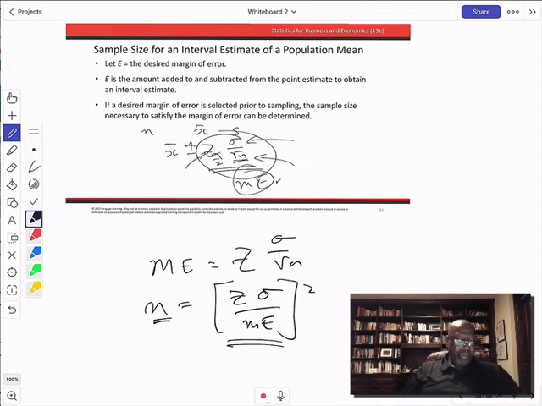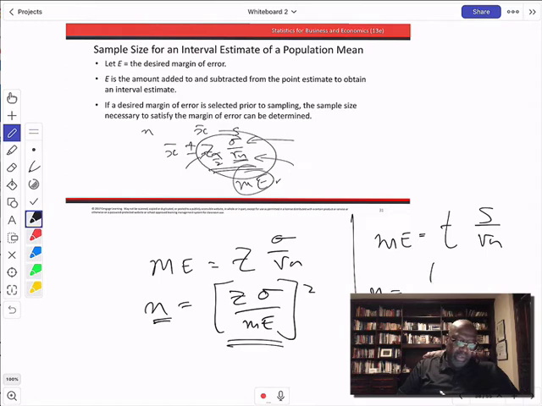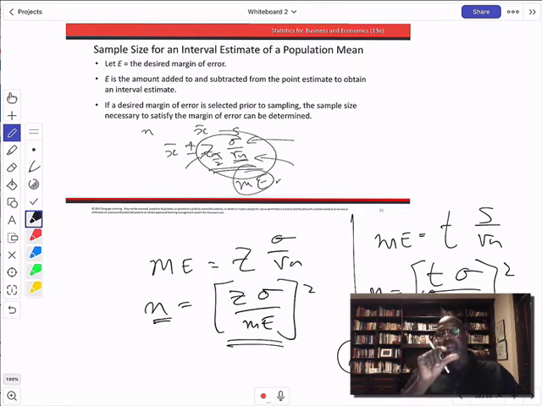Now, in the case of the t-distribution, while the margin of error is t s over root n, we do not, and make a note, we do not use n equals t sigma over the margin of error, squared. And why is that? The reason is because your sample size n will change. And if your sample size n will change, it means t will also change, because remember, there's a different t for each different degrees of freedom.